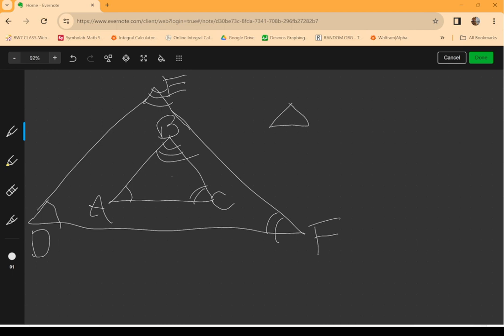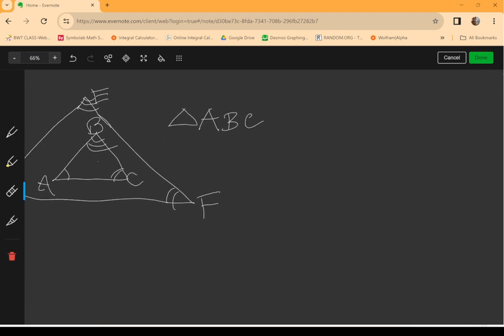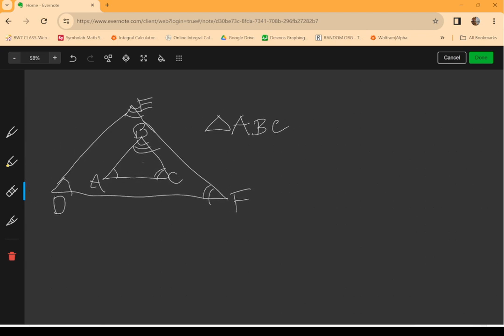They're not congruent, but what we can say is that triangle ABC is similar to triangle DEF.